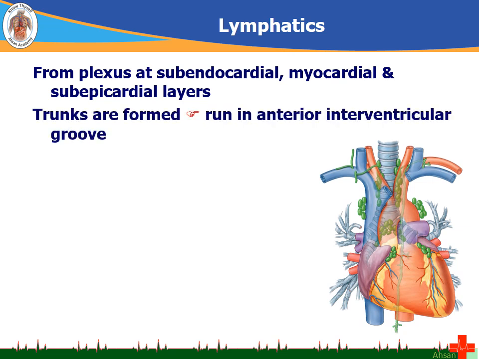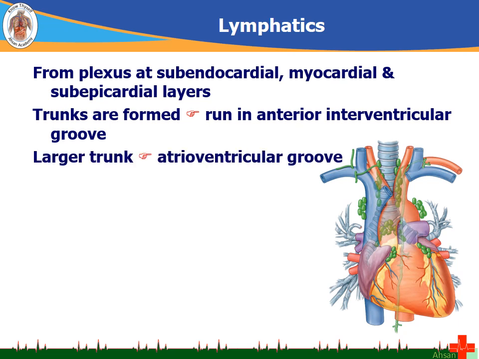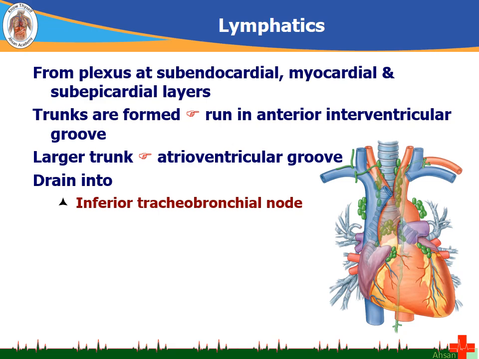They unite together to form larger trunks that run into the anterior interventricular groove, and these trunks again fuse together to form a larger trunk that is present in the atrioventricular groove. This atrioventricular trunk directly opens into the lymph nodes or directly into the thoracic duct. The lymph nodes are the tracheobronchial group of lymph nodes.